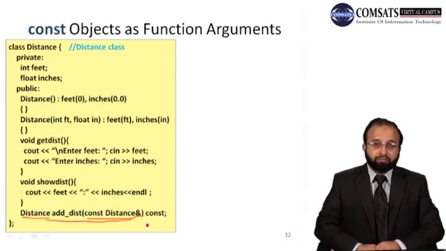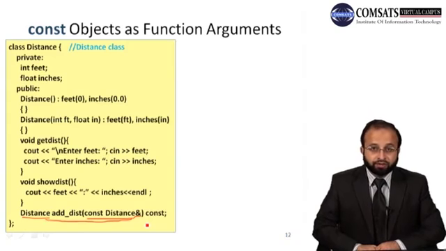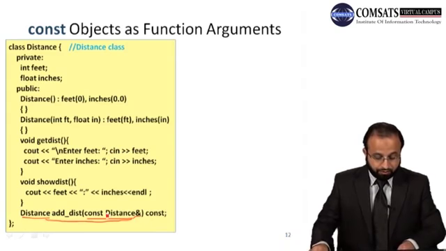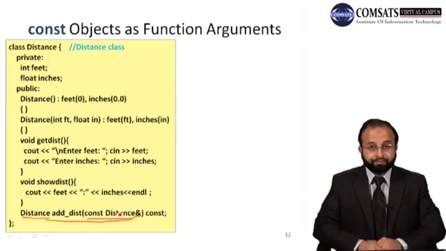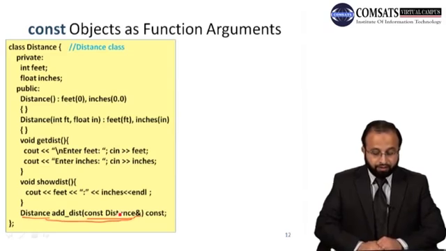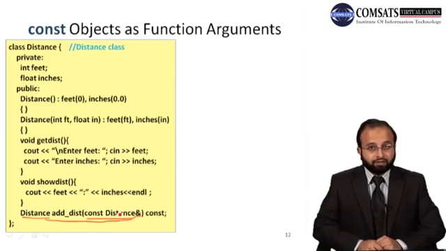This means that we are passing the reference of the object to this function, and if that reference is not constant, if the constant keyword is not here, then it is possible for the add function to change the value of this referenced object.